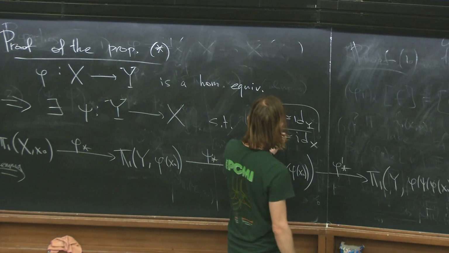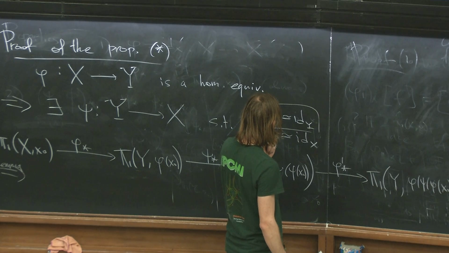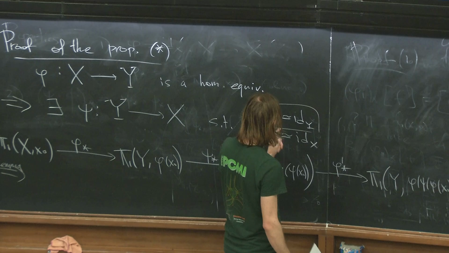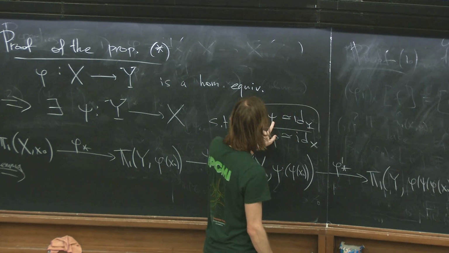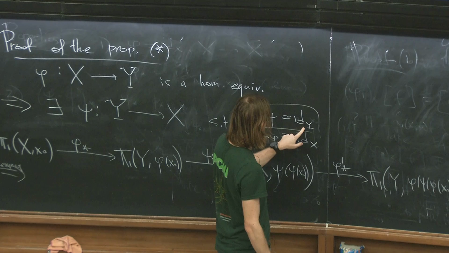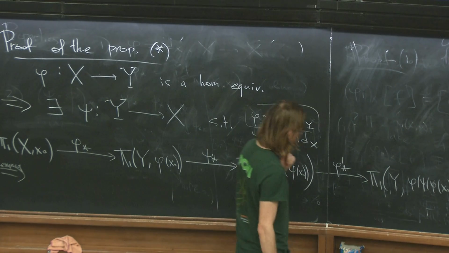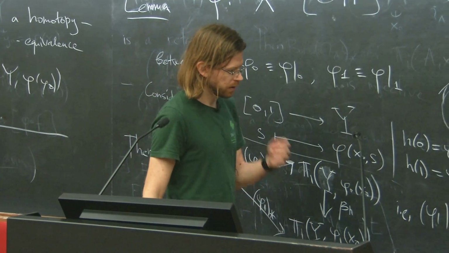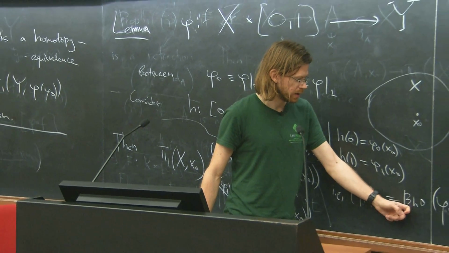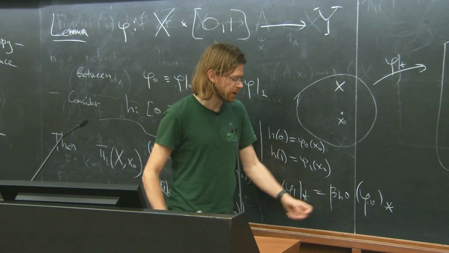Since we know that this is homotopic to this, and we showed that if there exists a homotopy between a pair of functions, they differ by beta h, which is an isomorphism.